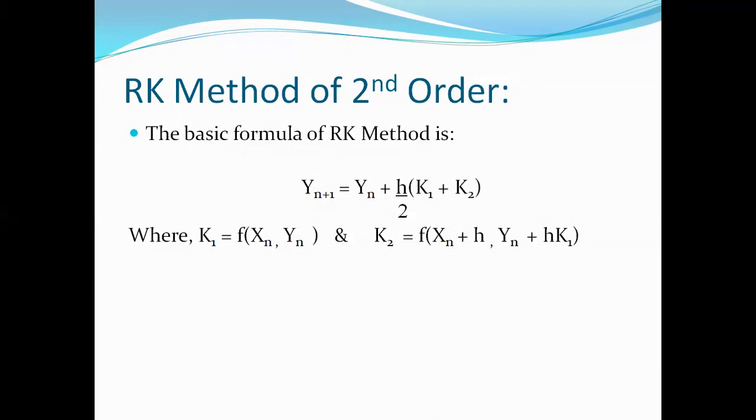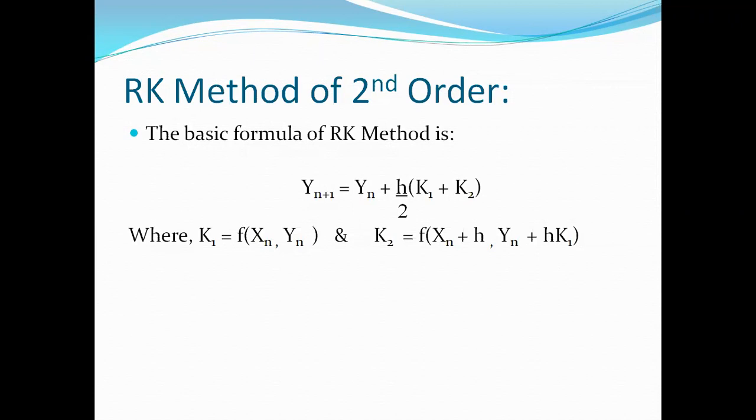Like you have solved your Euler's method, over here also we have an almost similar formula. y(n+1) is equal to y(n) plus h by 2 times (k1 plus k2), where k1 is f(xn, yn) and k2 is f(xn plus h, yn plus h k1).